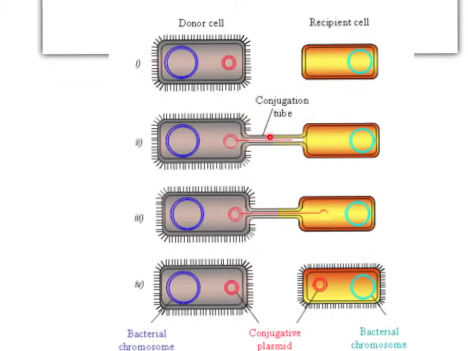The plasmid will pass through and form in the neighbouring bacterial cell. So this bacterial cell then has the plasmid. In this case, it contains a gene for making a capsule around the cell, so the donor cell here has this capsule, whereas this cell doesn't.